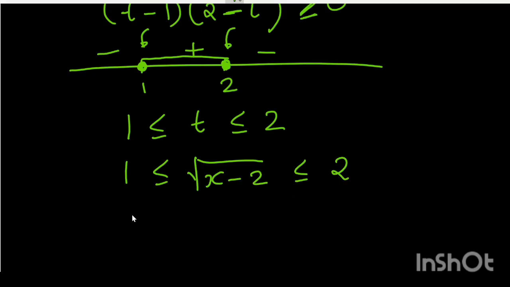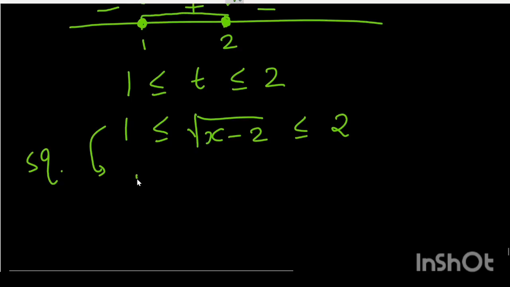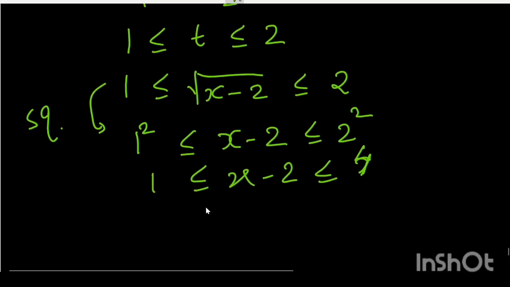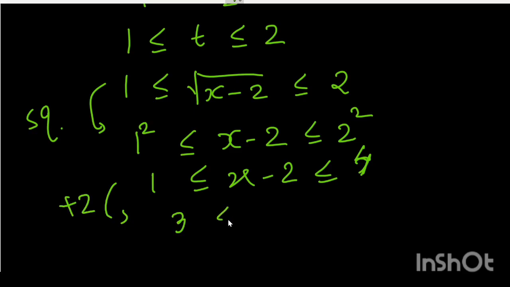Now we can square all three sides of the inequality because all the three terms here are positive. So 1 square, under root is removed, it becomes x minus 2. Here also 2 becomes 2 square. So 1 to 4, x minus 2 lies between 1 to 4, adding 2, we will get x between 3 and 6.